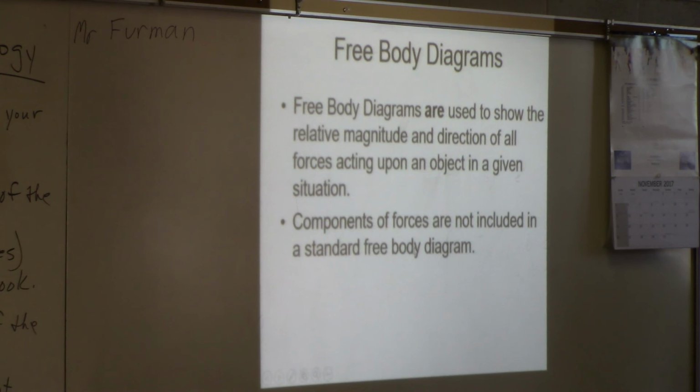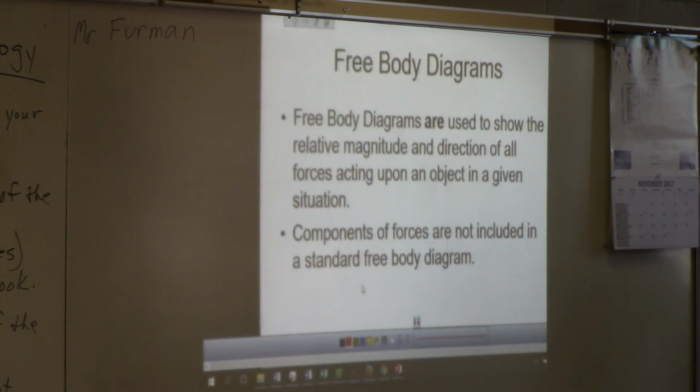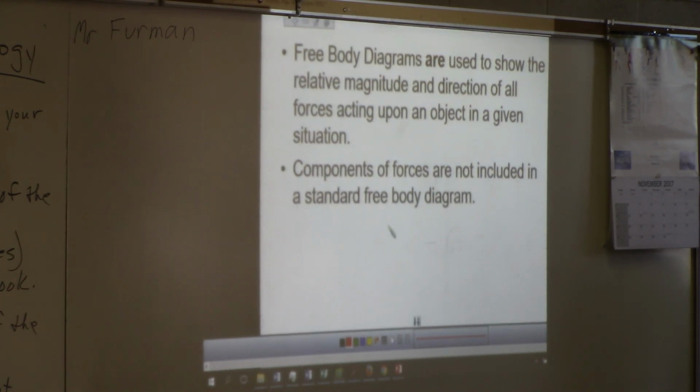If you were asked on a free response question to draw a free body diagram, and say there is a force being applied at an angle, this is what it might look like.